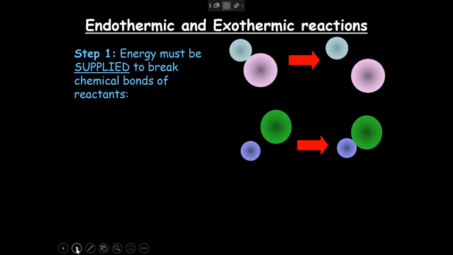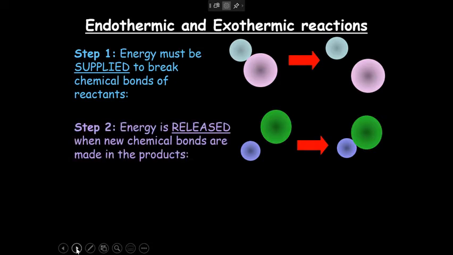So endothermic and exothermic reactions both start the same way. Step 1, energy must be supplied to break the chemical bonds of the reactants. Step 2, energy is released when new chemical bonds are made in the products. So what happens is, remember, matter cannot be created nor destroyed. Energy cannot be created nor destroyed. So what happens in a chemical reaction is there's a rearrangement of the atoms involved.